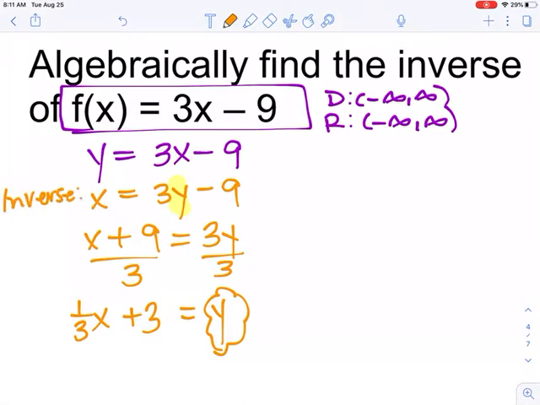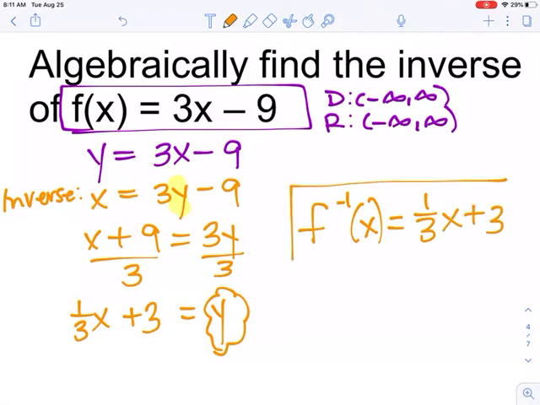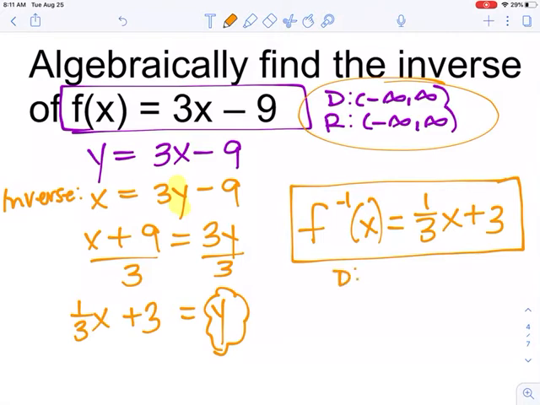And then you're actually going to give me some notation. We solved for y, but remember we were finding the inverse. So our inverse notation is this, f inverse of x. So I want you to go ahead and write that f inverse of x is 1/3 x plus 3. I'm also going to ask you additionally to tell me what the domain and range is.